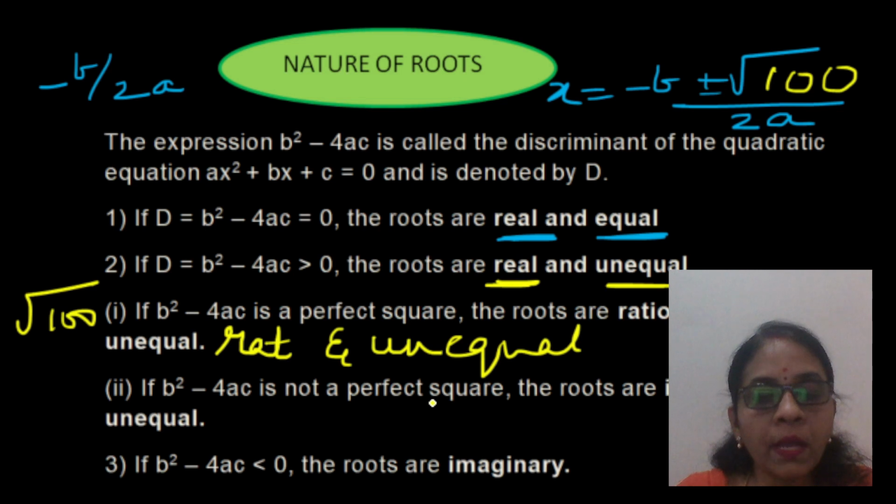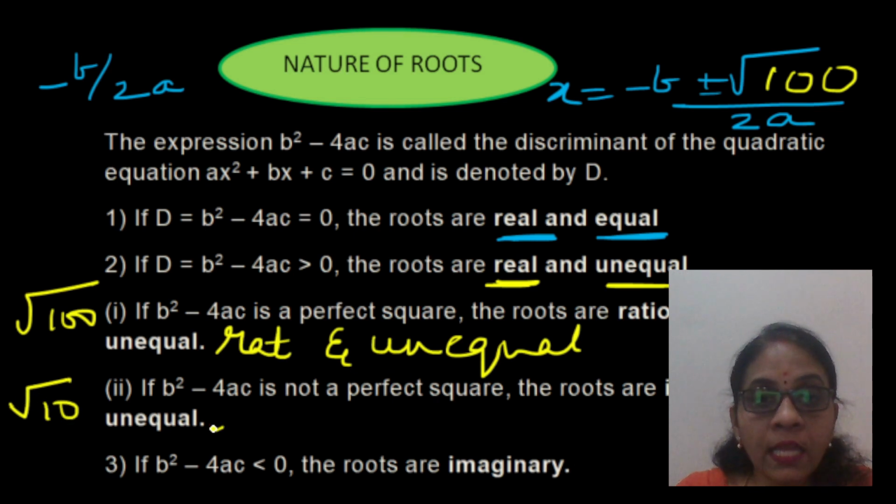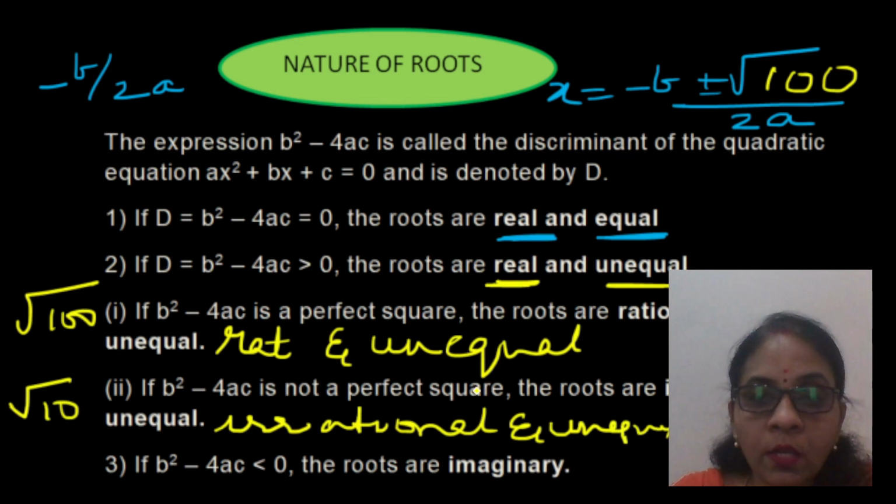If b square minus 4ac is not a perfect square, like root 10 or root 5 or root 6, then the roots are irrational and unequal. Is this clear? The roots are irrational and unequal.